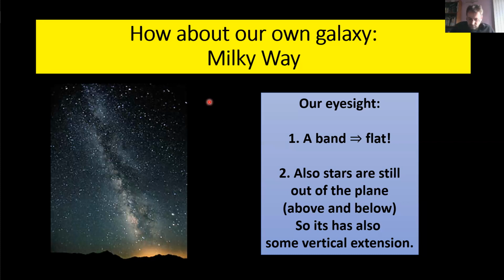Well, stars are still out of the plane, above and below, so it must also have some vertical extension. And if we go to the southern hemisphere, we observe there's a part of this band which is much brighter. So it must also have a center. We are not in the center.